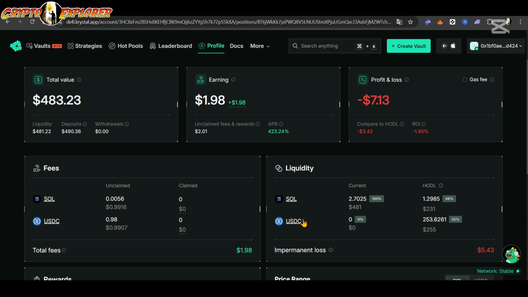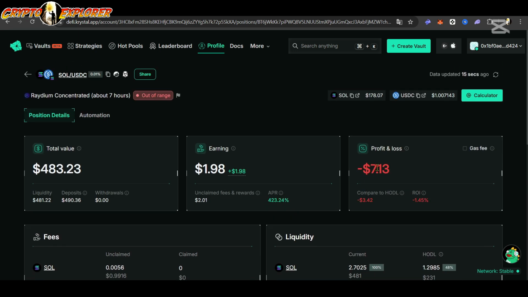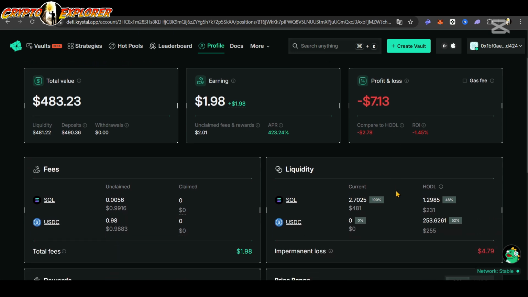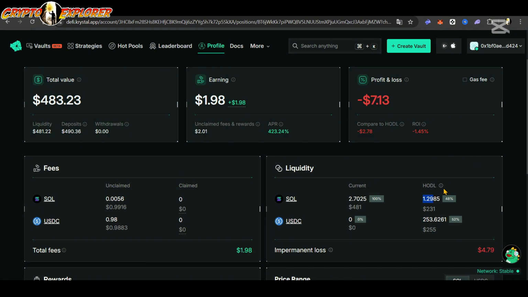If Solana price keeps going up and goes to $200, for example, we will also see impermanent loss here going up. And that is because if we just held this Solana, you see here HODL, this is the initial deposit that we just did. So if we would be holding that Solana that we deposited, if Solana goes to $200, this multiplied by $200 would be our price.